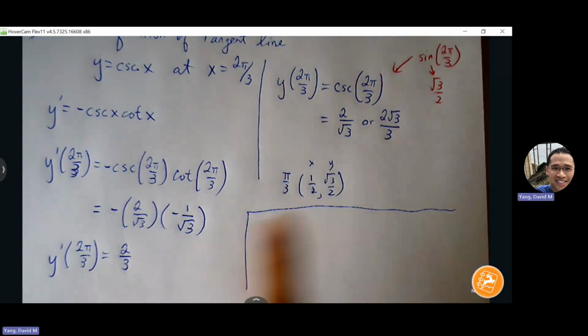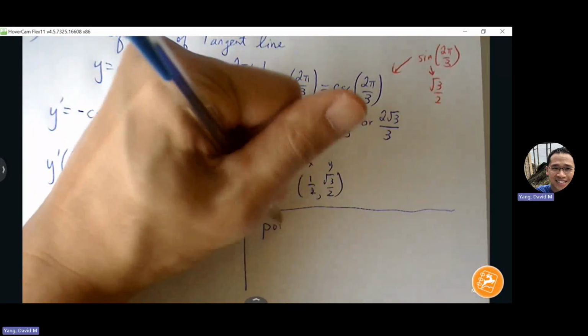Okay, so I have my slope, I have my ordered pair, point slope form.